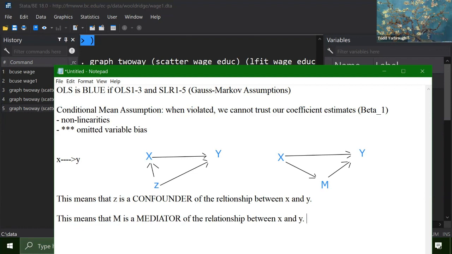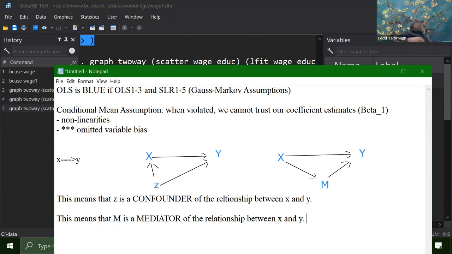This one makes a little bit more intuitive sense why it's called that. Let's say, for example, that there's a variable M that we think X influences, and then M goes on to influence Y. That would be what we refer to as a mediator.